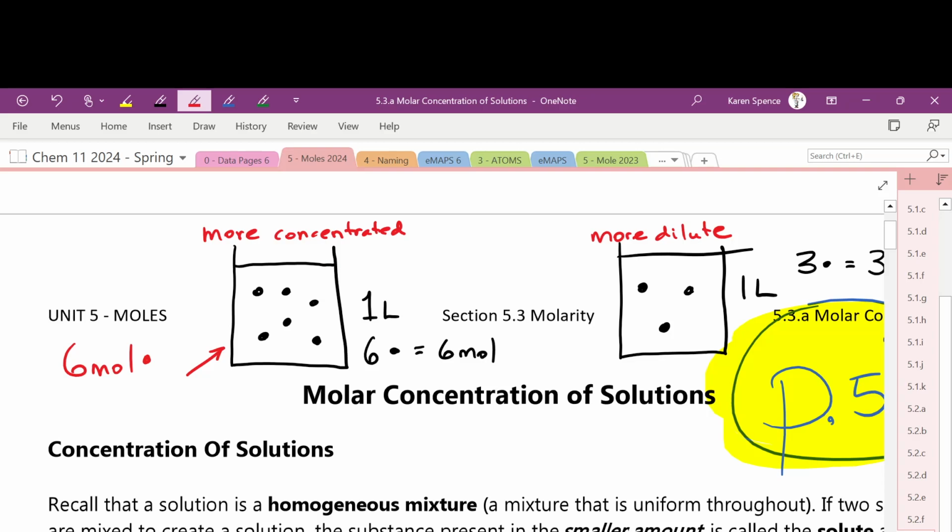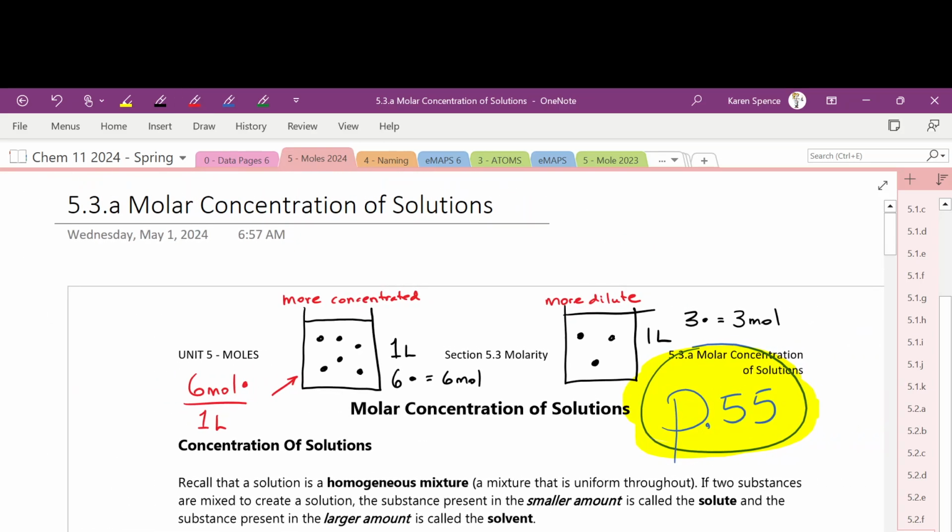Obviously, we would normally have a real chemical formula there, but 6 moles of that per 1 liter. And that is the concentration. Six moles per 1 liter, 6 moles in 1 liter.